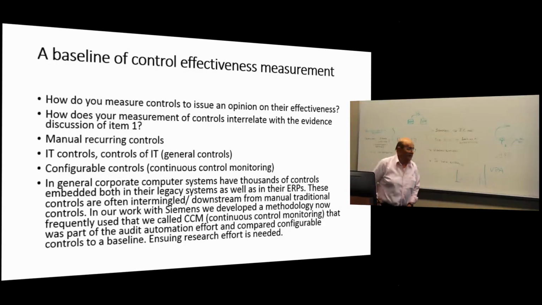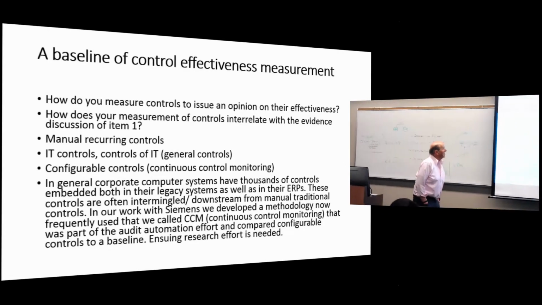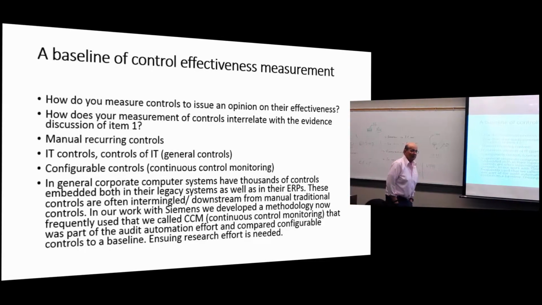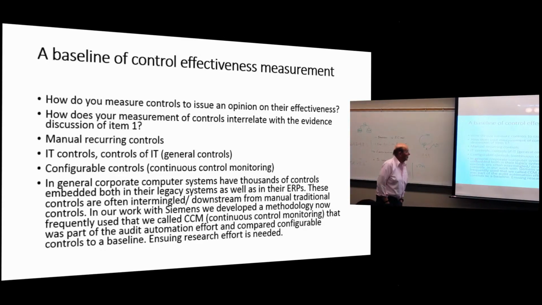Okay, this is also something we figured out a little bit earlier, and this is measurement and evaluation of controls. How do you measure controls to issue an opinion on their effectiveness? Most of the time, when you see an evaluation of controls, there is no formula, you just make a judgment. My sample was 50, now I'm going to make it 25. And of course, in this world, I have full population internal controls.